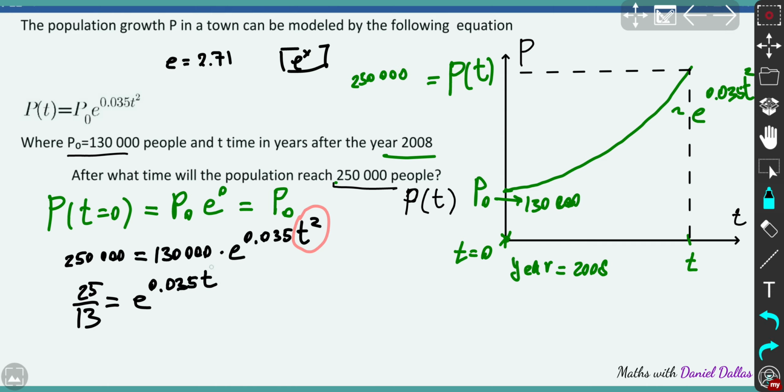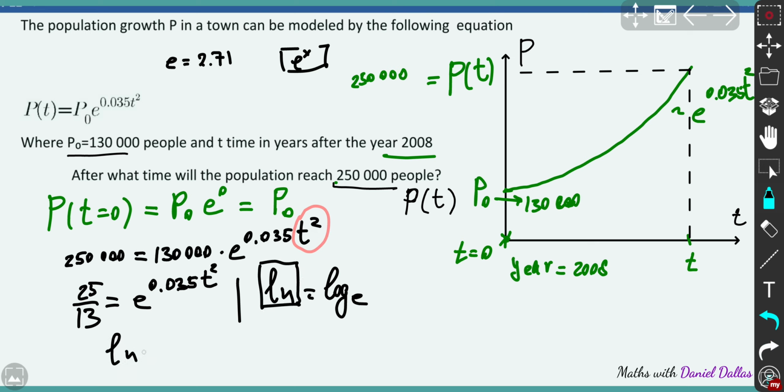However, right now we're going to apply ln, which means log with base e, because we have e here and we want to get rid of it. So that's why we apply log e, or ln, the button on your calculator.